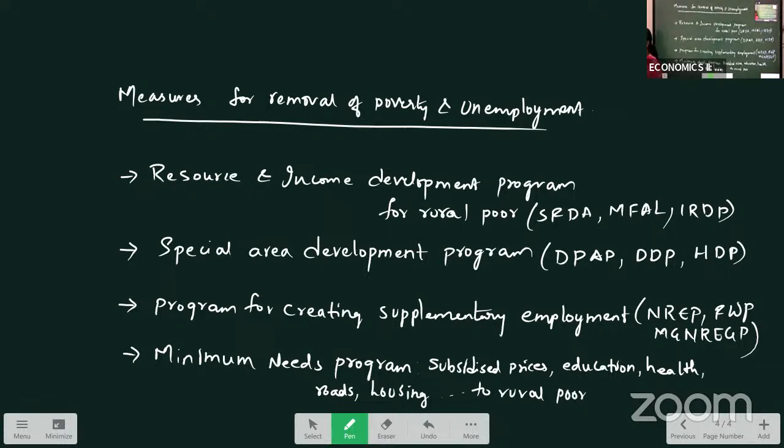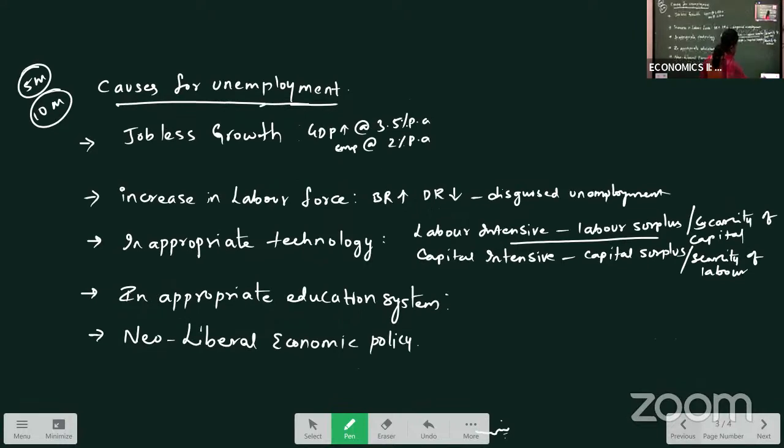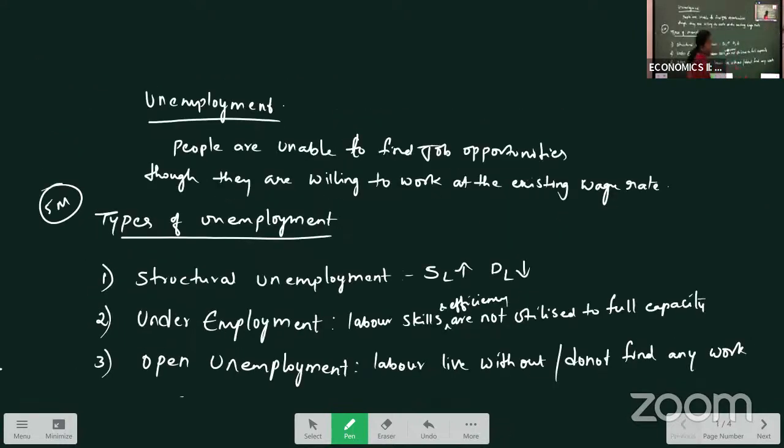Okay, so these are the measures you can see here. So this completes the measures. With this, how many questions have we discussed? In yesterday's class, we covered how to reduce income inequalities and the causes for poverty.